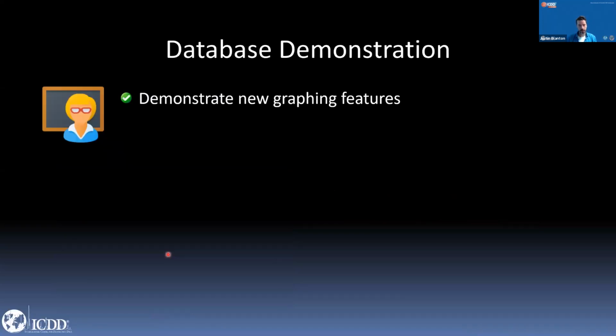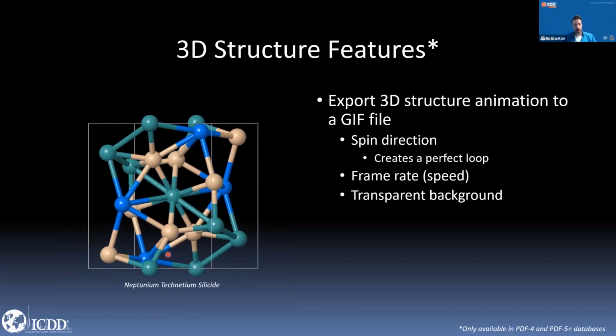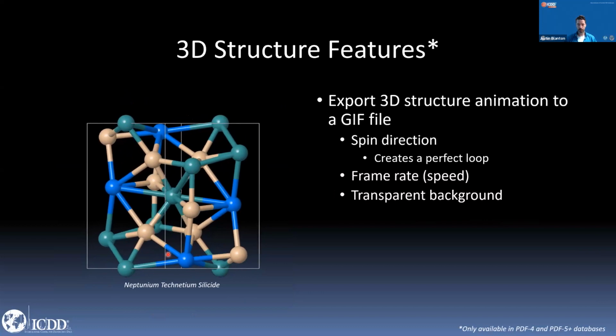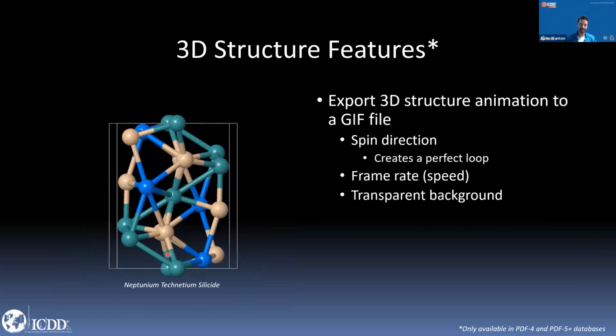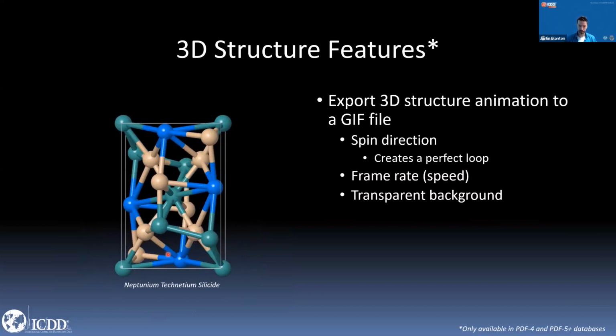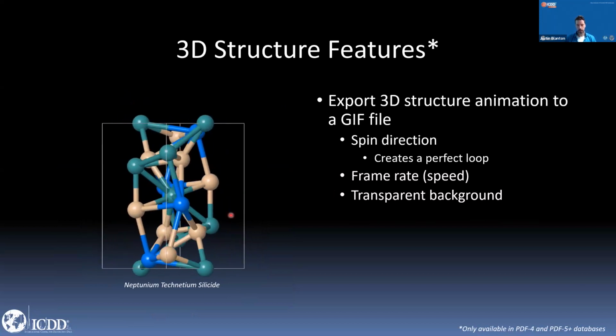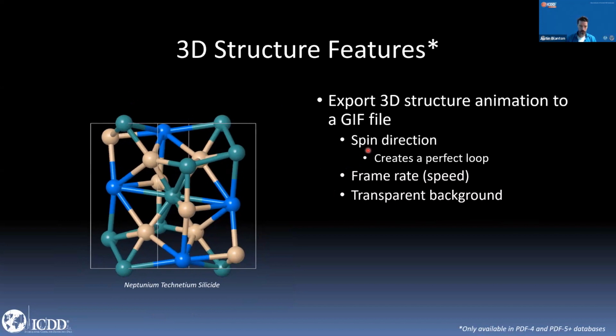All right, so let's look at some of the new features with 2D structures. So you can now export 2D structure animations to an animated GIF file. So there are actually 3 user settings. So you can set the spin direction.